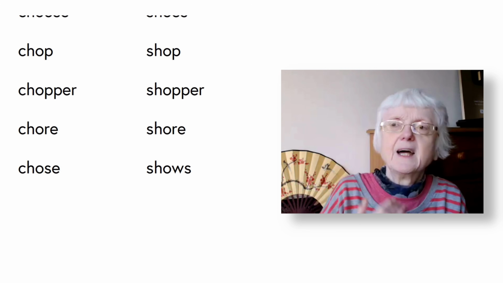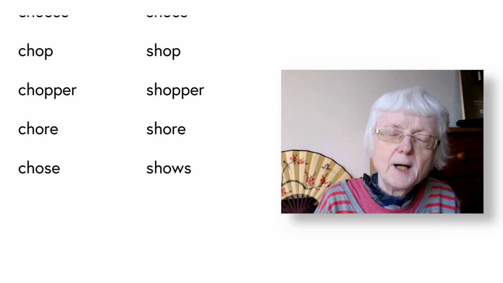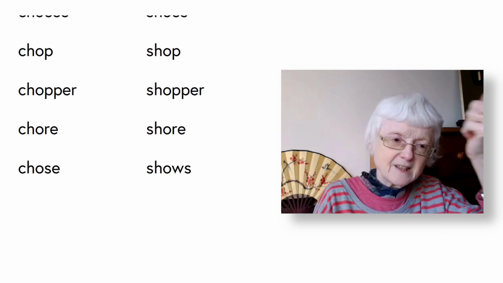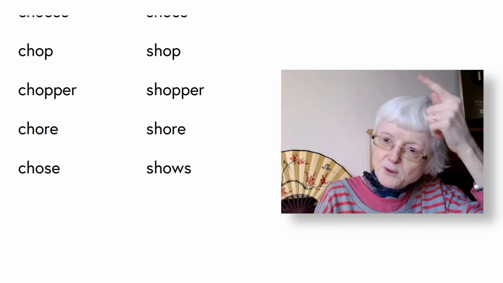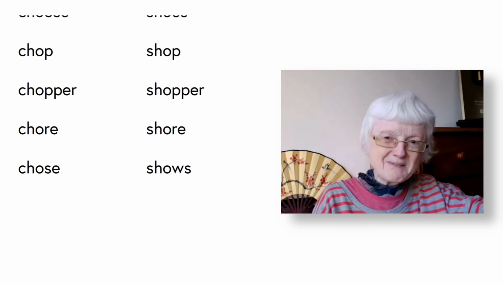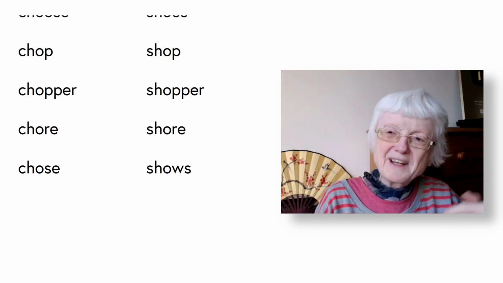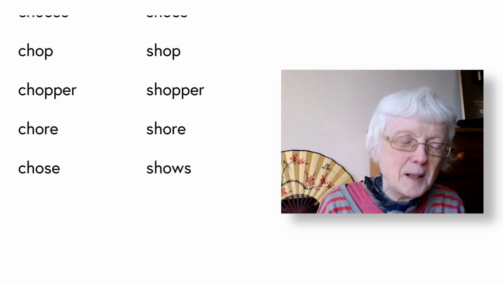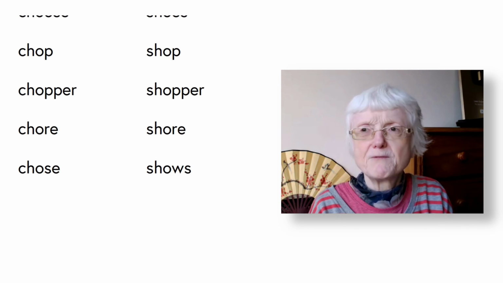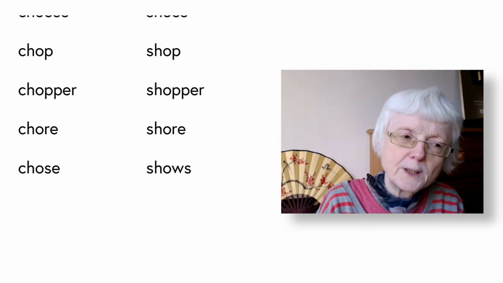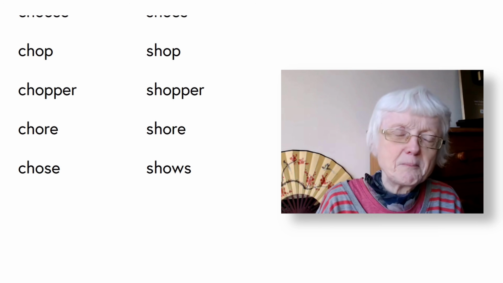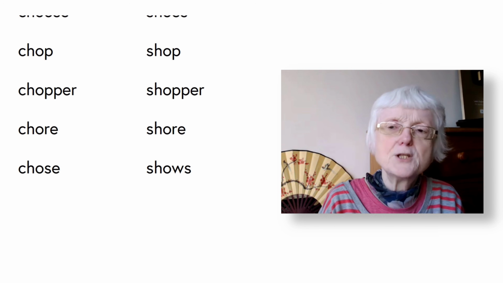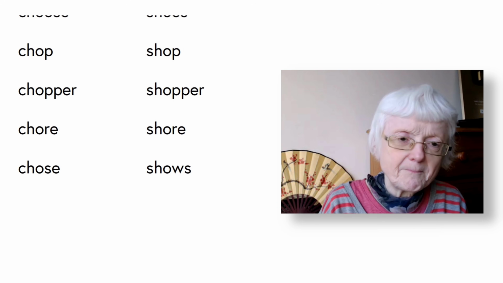It's also a word for a helicopter, the helicopter with the revolving, whatever they're called, revolving something that makes it lift off the ground. That's called a chopper as well, because of the way it goes round. So chopper is a sort of slang word or colloquial word for a helicopter. And so we've got chopper and shopper.